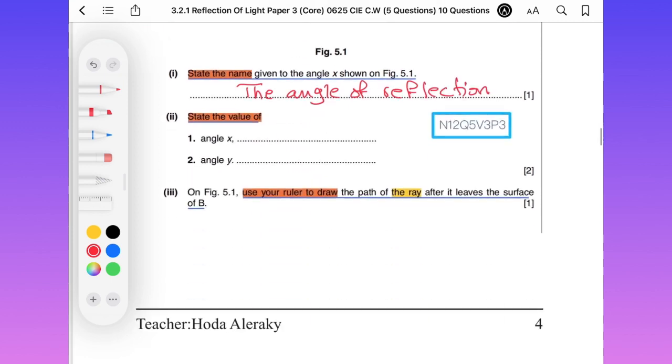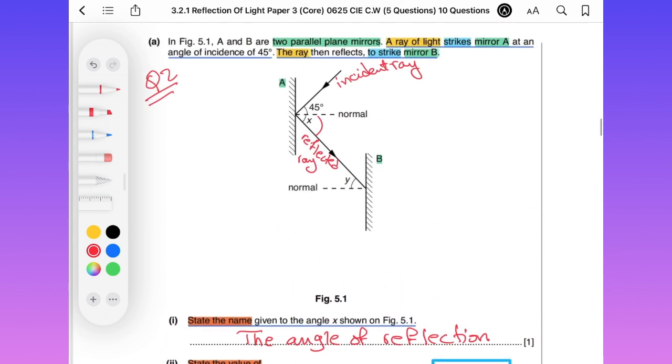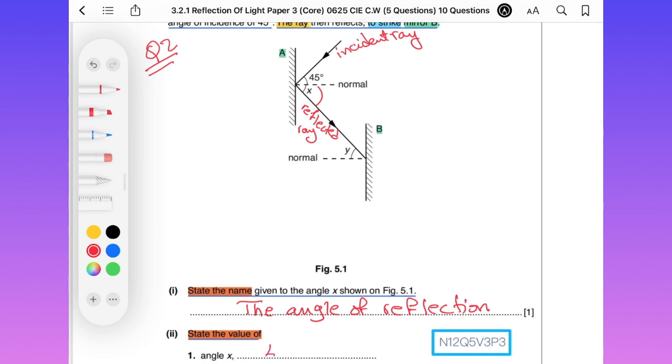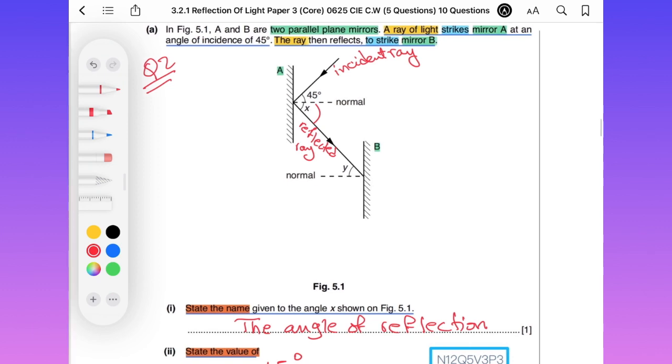Okay, what is the value of x and y? x will be the same as the angle of incidence according to the law of reflection, so it's 45 degrees. These two mirrors are parallel to each other, so mathematics is the language of physics. Tell me your mathematics skills.